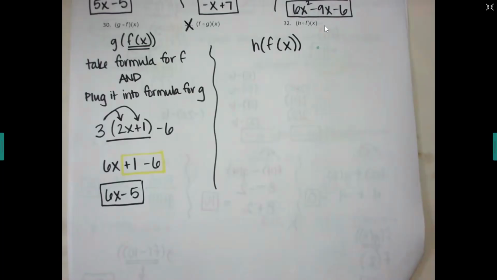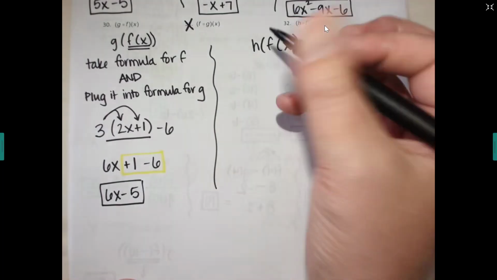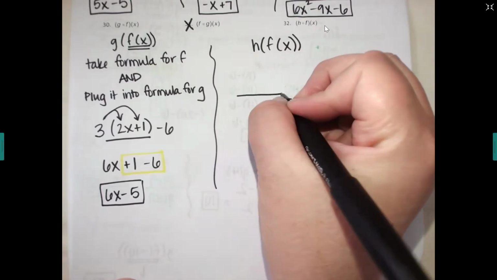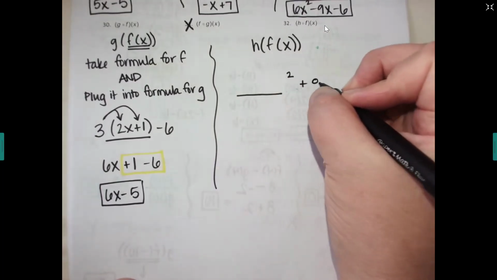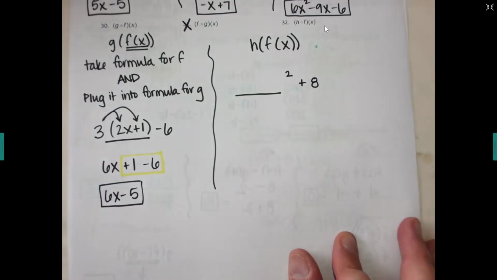Because into H's formula, we're going to put F into the blank. So read me out loud, what is H's formula? So X squared plus 8 is blank squared plus 8. And then in the blank, I'm going to put the middle function, which is F's formula. What is F's formula?